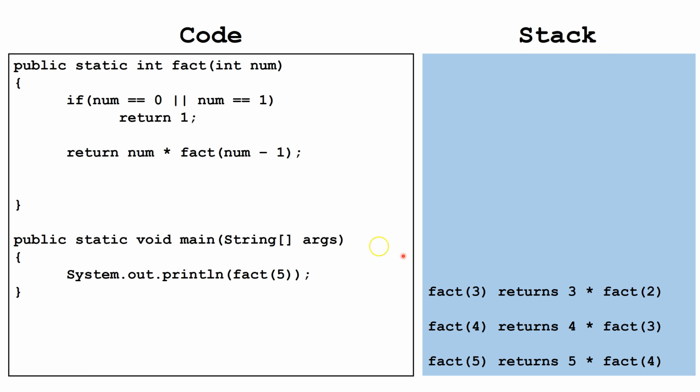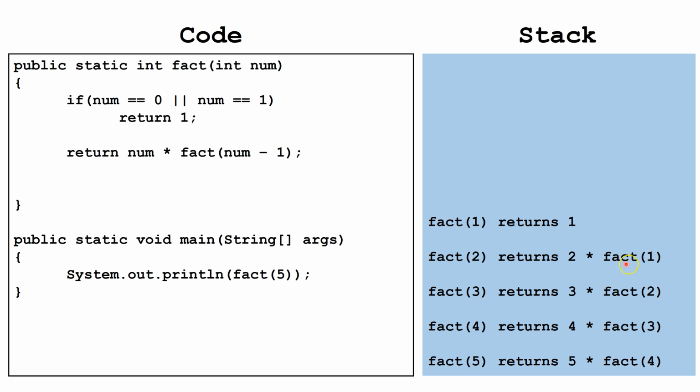Fact 3 will return 3 times fact of num minus 1, which is 2. Fact 2 returns 2 times fact of num minus 1, which is 1. And finally, fact 1, when we pass 1 to the parameter, we go to our base case and simply return 1.